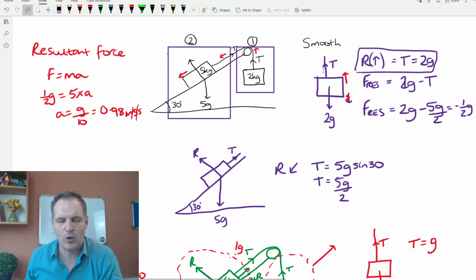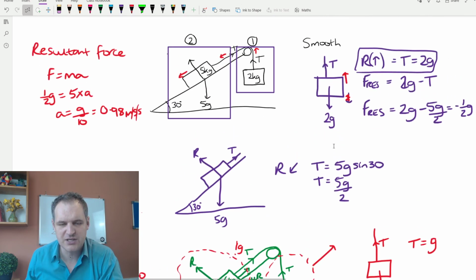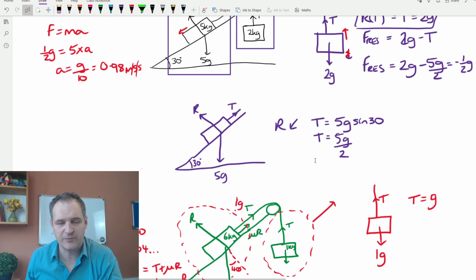First of all, we find out what the resultant force is based on the first situation. So we've got an equation, a formula for it, but we don't know what T is. But we then look at the second formula and the second equation. By resolving down the slope, we're able to work out what the tension is. That then tells us a little about what the force must be if it's being held.